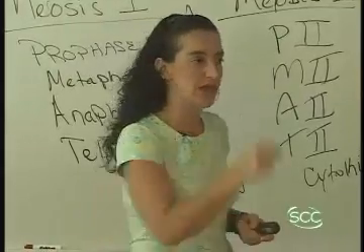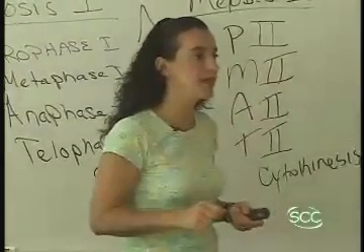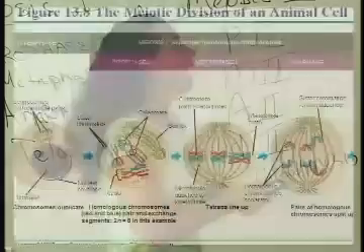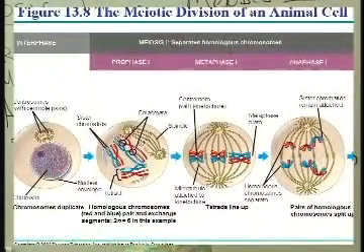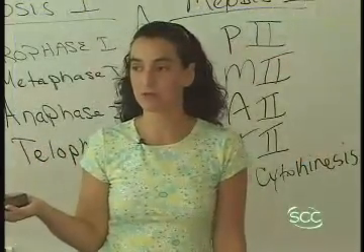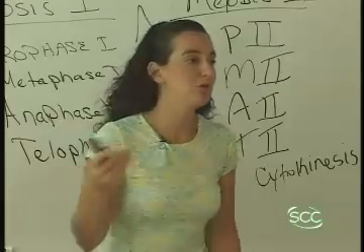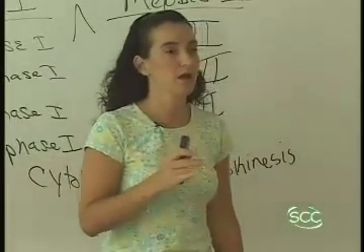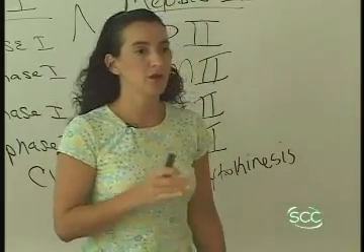And if the answer is yes, if all those checks have been made, and we've done everything we need to do, then these centrosomes with the centrioles inside of them will duplicate, just like we saw in mitosis. And we will enter into prophase 1 of meiosis.